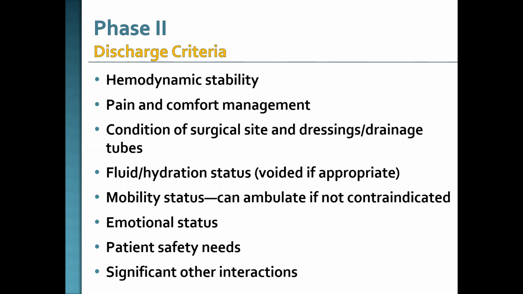Fluid and hydration: the patient may be taking PO fluids, or if NPO, the patient is receiving IV fluids. A Foley may be in place, or the patient may be actually voiding. No symptoms of dehydration, such as increased heart rate or hypotension, and no symptoms of fluid overload, such as rales and generalized edema, are present.